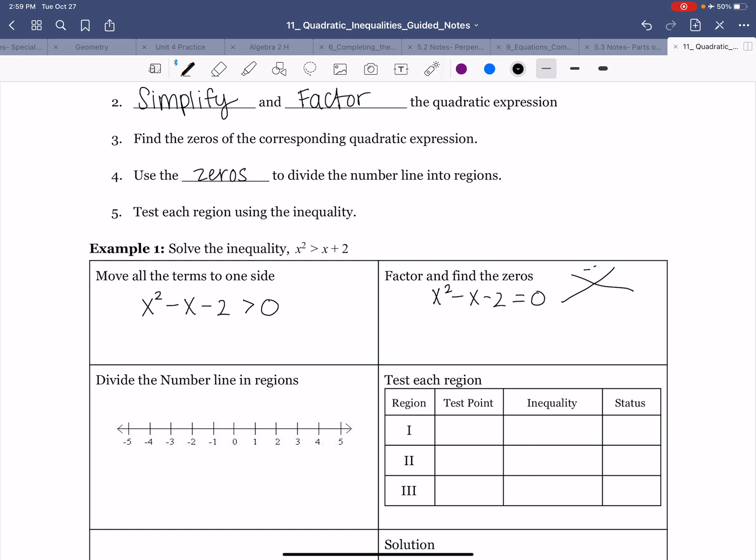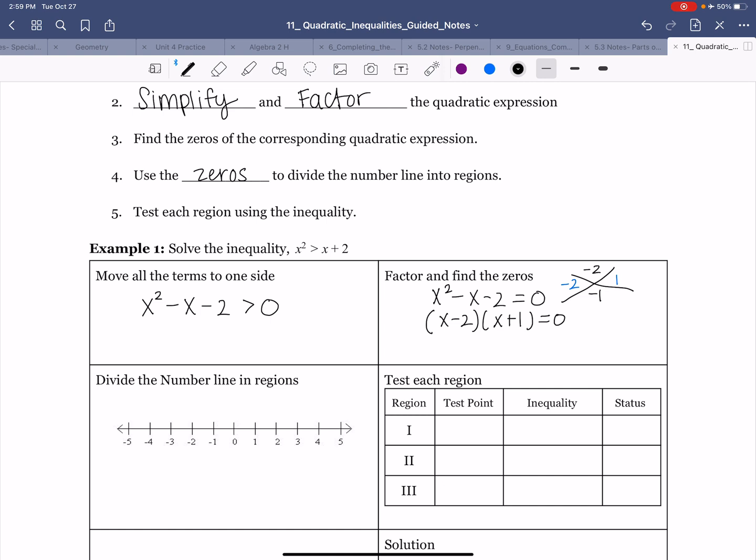So we're asking ourselves, what multiplies to give me negative 2, adds to give me a negative 1? Hopefully in your heads, you guys are going, that's going to be negative 2 and a positive 1. So when this factors, we're going to get x minus 2 and x plus 1.